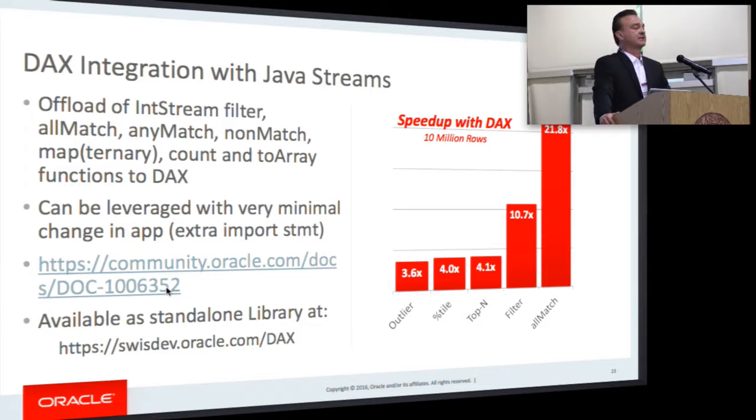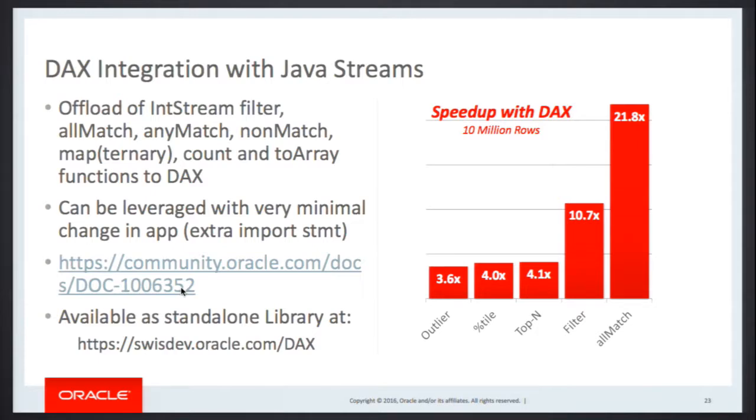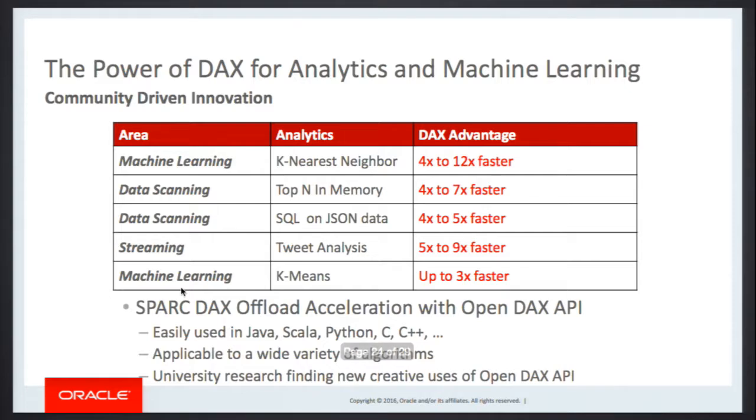We've actually integrated this with Java Streams. It's actually out there in the community. The library is available, and for a number of different Java Streams functions we're seeing anywhere from 3 to 20 times improvements as well. This is all out there today in the community. It's even being used in other ways.